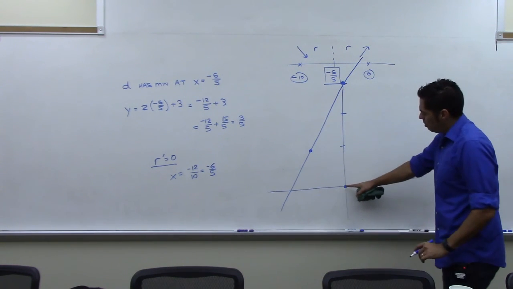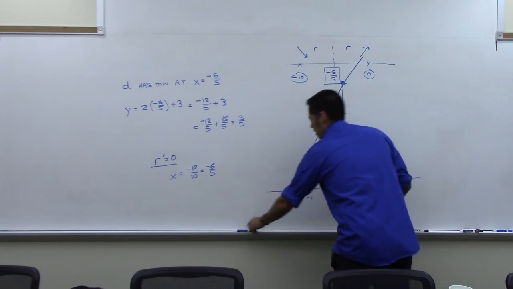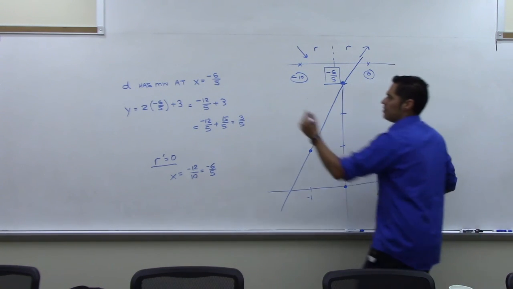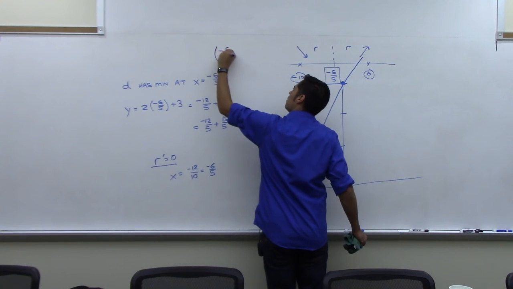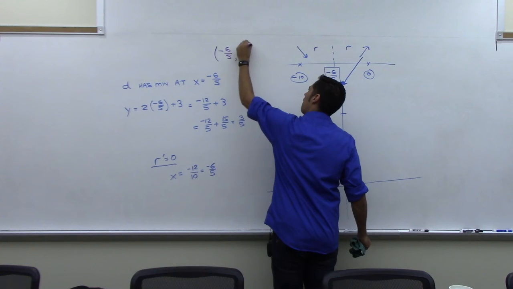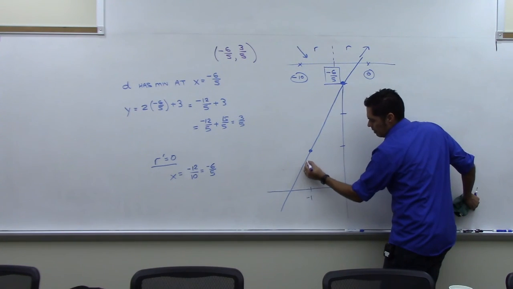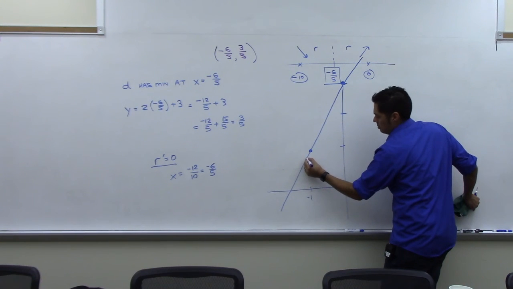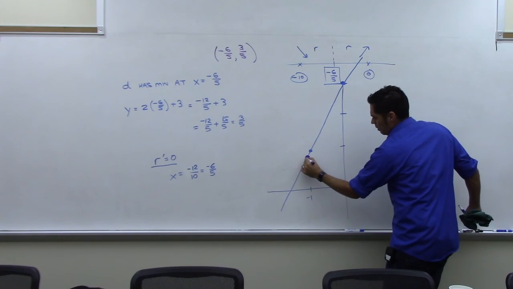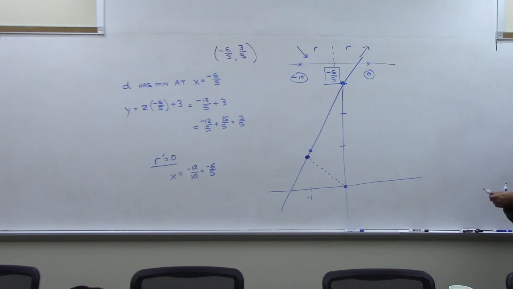The point that is closest to the origin is actually at negative 6/5, and then the y is 3/5. So negative 6/5 is negative 1.2, and then up right here, somewhere around here. Now this is a rough graph of it. I'm pretty convinced that that's the point that's closest to the origin.